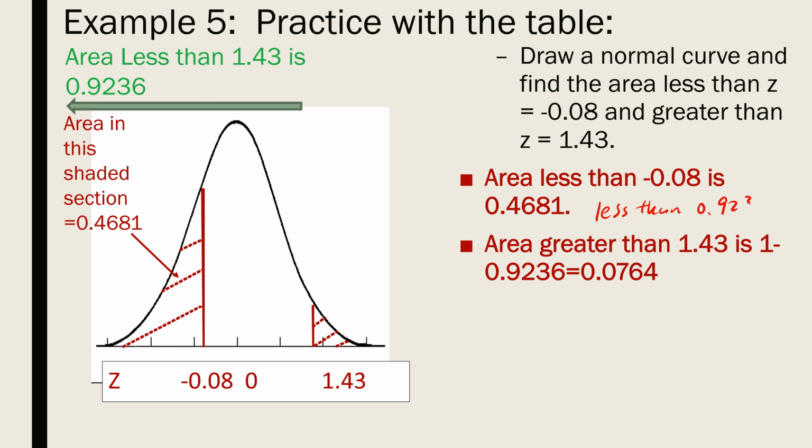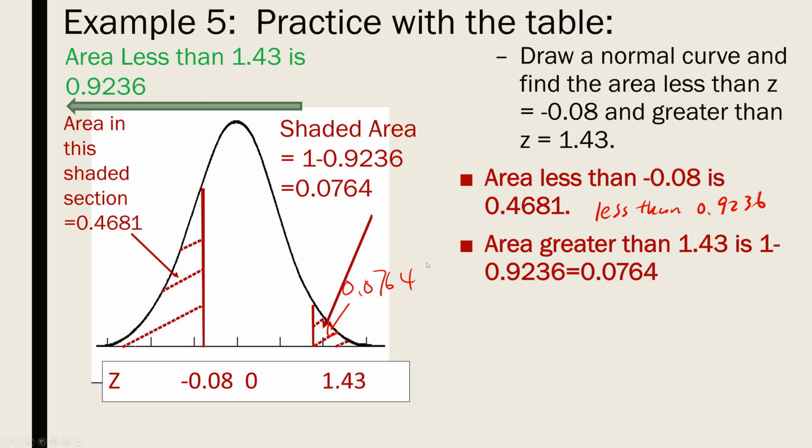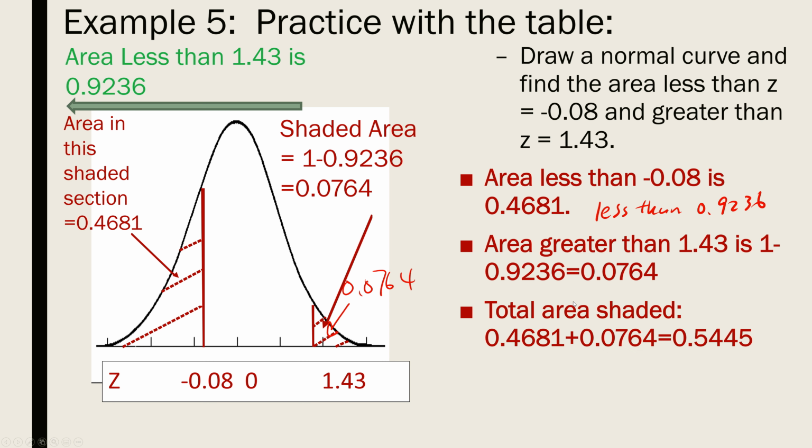So the area greater than 1.43 should be 1 subtract 0.9236, which is the right shaded area. So the total shaded area will be the summation of these two numbers.